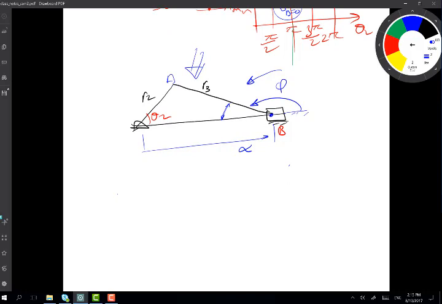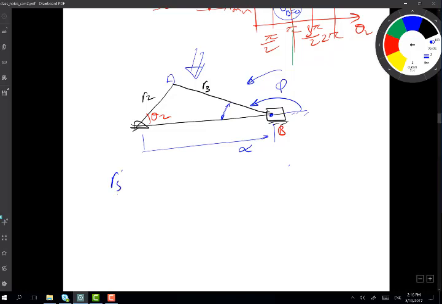Okay, so for this angle phi, I want to find an expression. I go back and do my equations again, use the triangular relationships again, the trig equations again. One of the equations I had previously was the R3 equation, right?